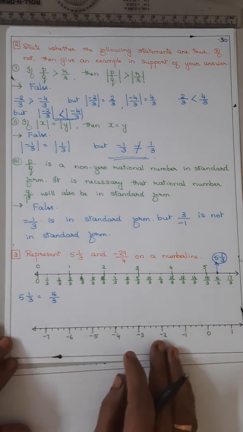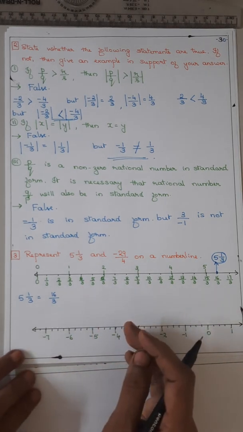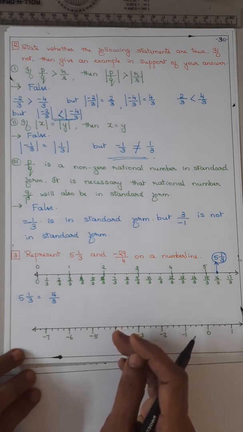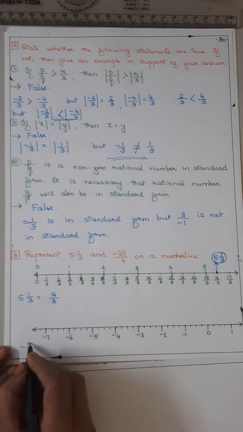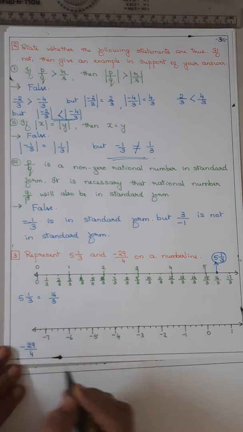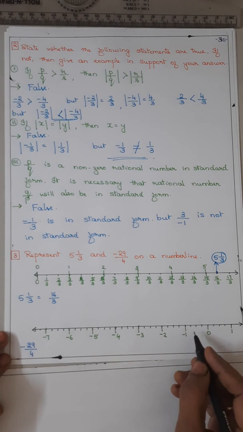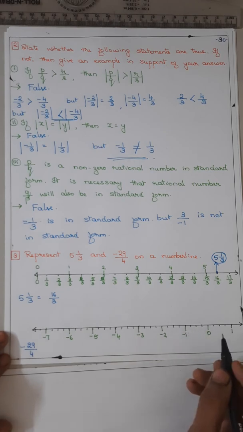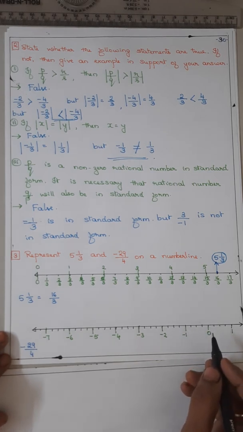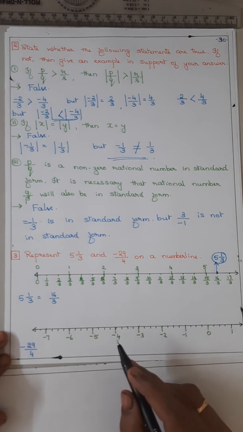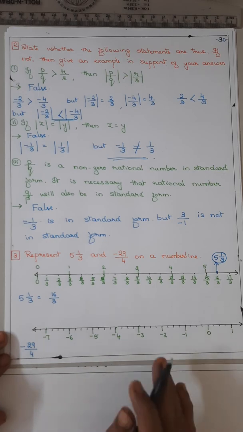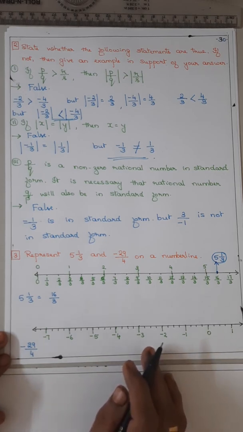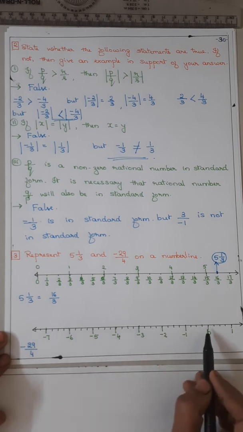Now coming to the second, minus 29 by 4. Minus 29 by 4. Okay, negative. So 29. You know, 4 7s are 28. Yes or no? 4 7s are 28.